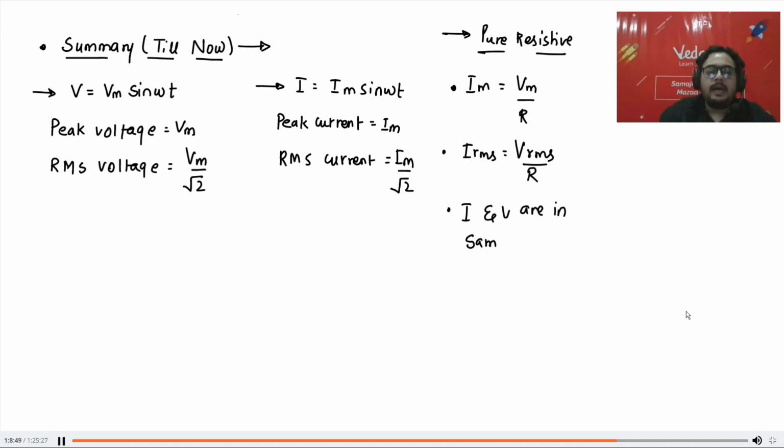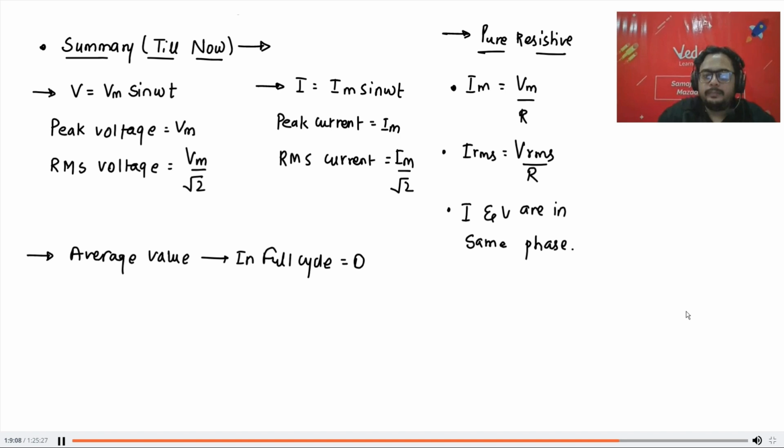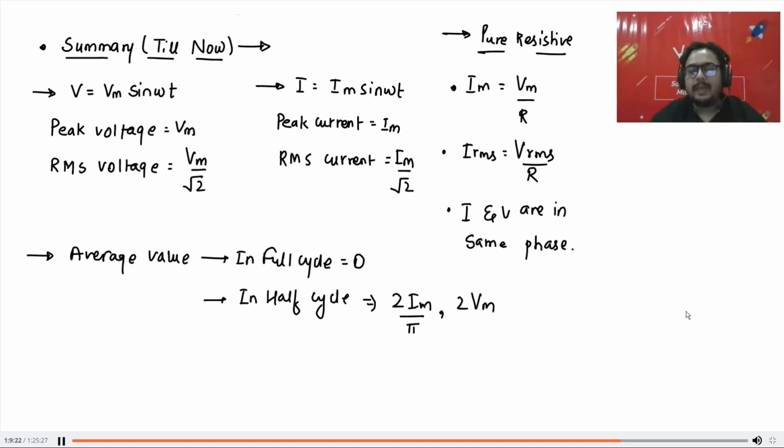Other thing, average value in full cycle is equal to 0. In half cycle it is 2 Im by pi for current and 2 Vm by pi for voltage. Average value for voltage and average value of current is this.